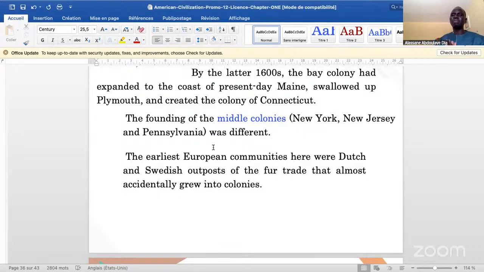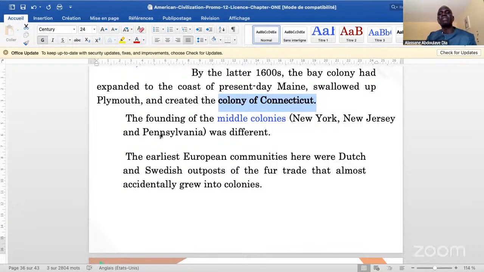And you see that the Massachusetts Bay Colony became a larger one. It went to Maine, and it occupied Maine, and it swallowed up Plymouth and created the colony of Connecticut. So it became a greater one. It moved from Massachusetts Bay to Maine, Plymouth, and it created a new colony. Connecticut came.